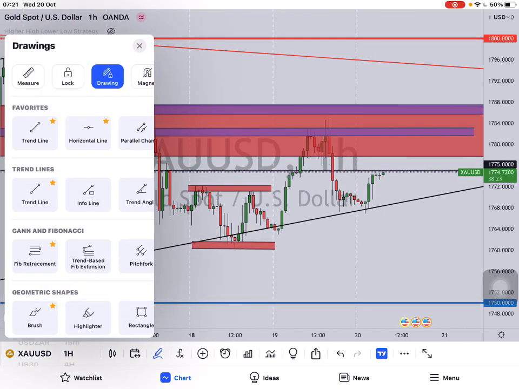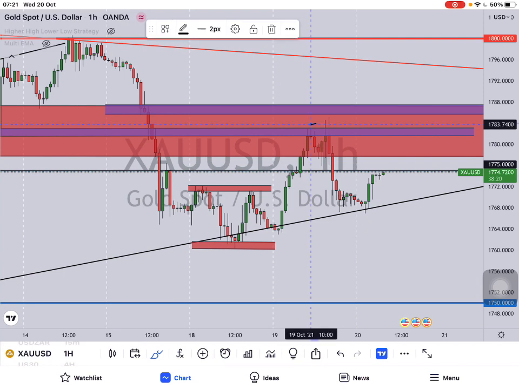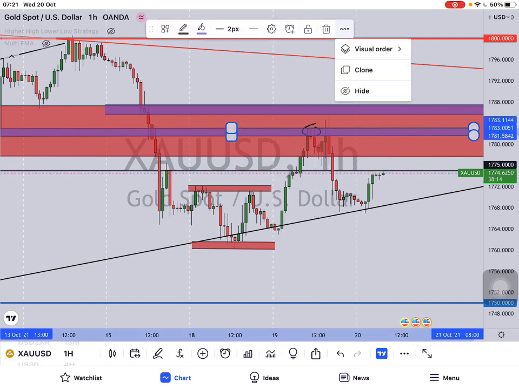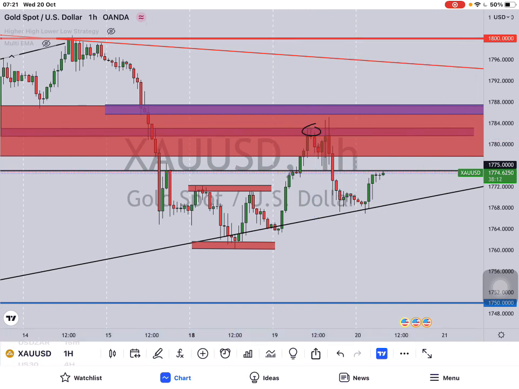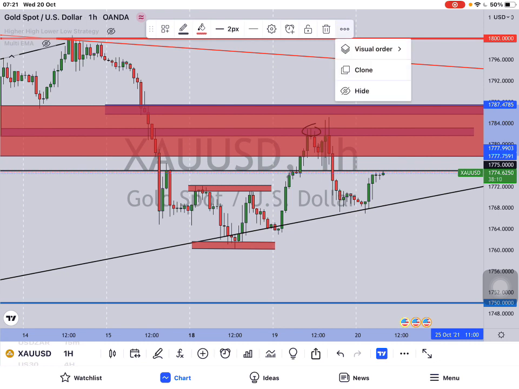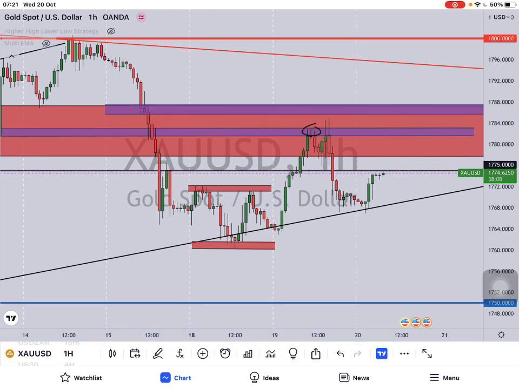First things first is the doji candle seen in that area over there. Let me just send this to the back so that you can see the candles clearly. You have a doji right on that hidden base, or that area of resistance.